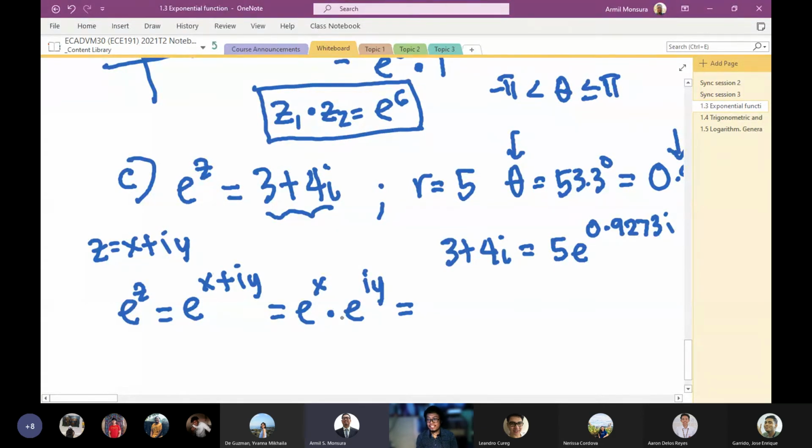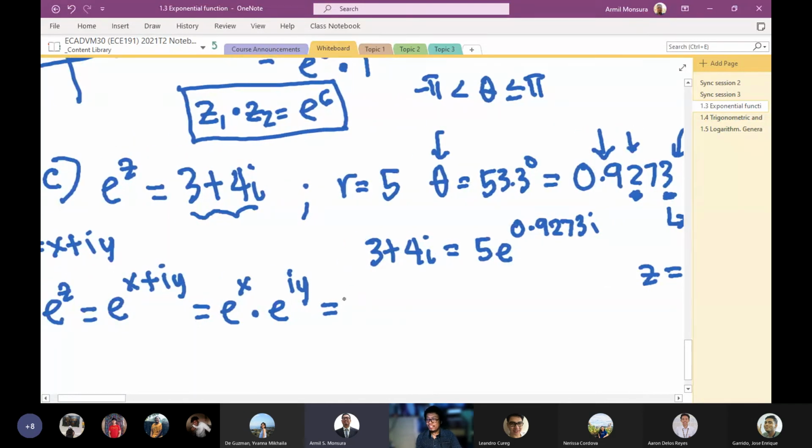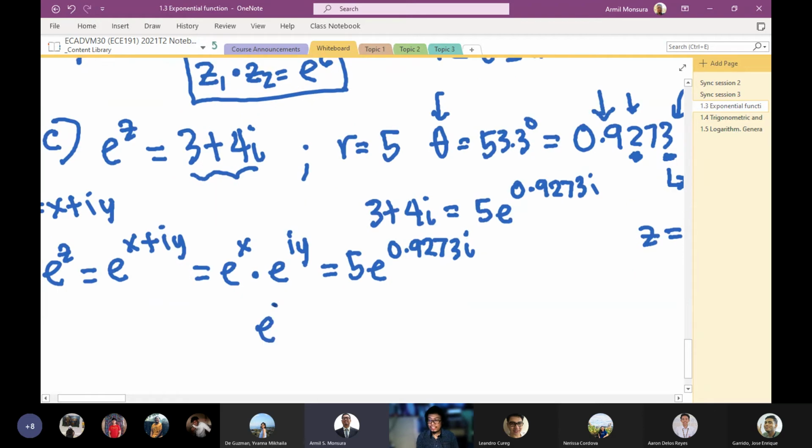And since this is equal to 3 plus 4i, which in exponential form is 5e raised to 0.9273i, comparing the left side and the right side, that should give you e raised to x equals 5.